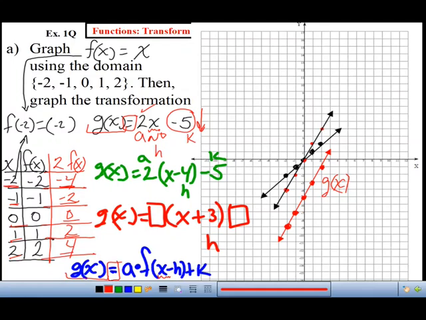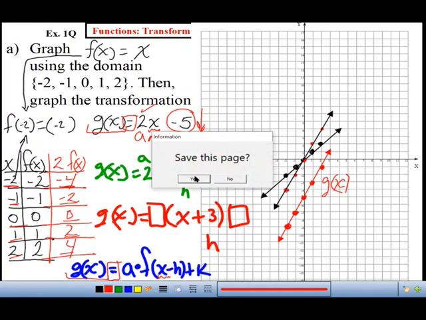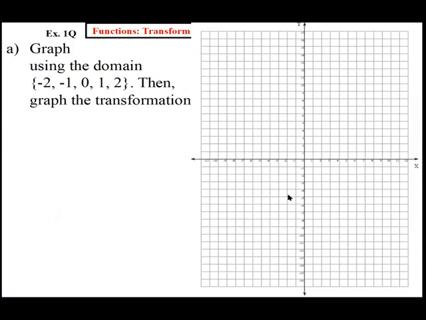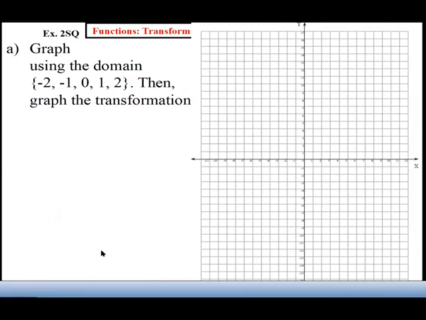So let's go to the new coordinate plane. Here we go. On your new coordinate plane, I want you to write example 2 super Q. You're using a clean one, yes? And again, you're going to write graph f of x, which means it's an original function, equals x squared, using the domain -2, -1, 0, 1, 2.